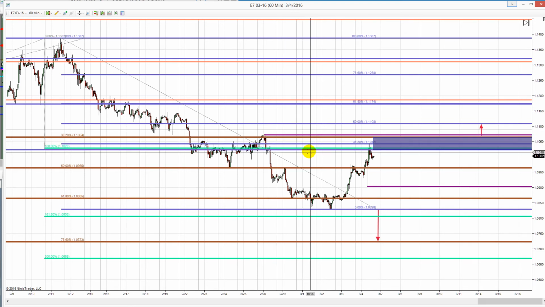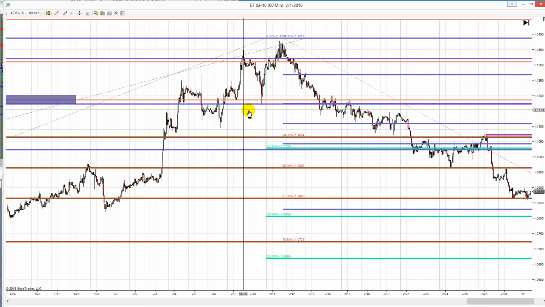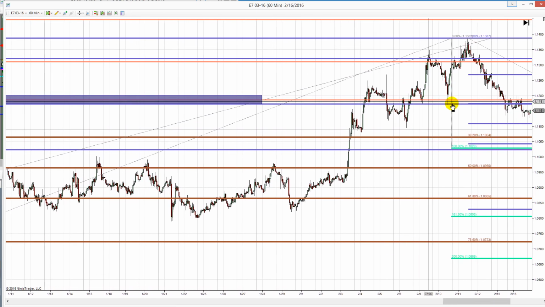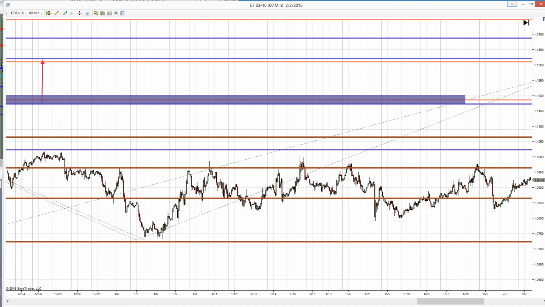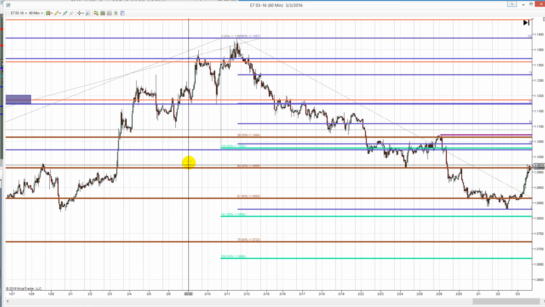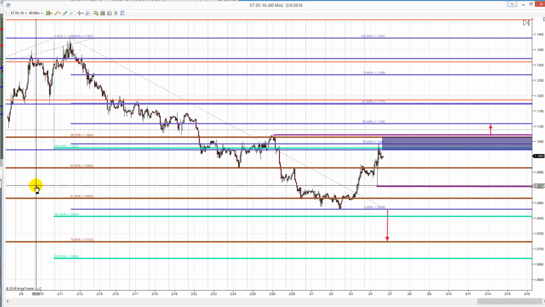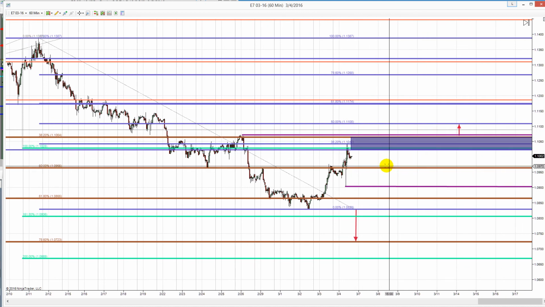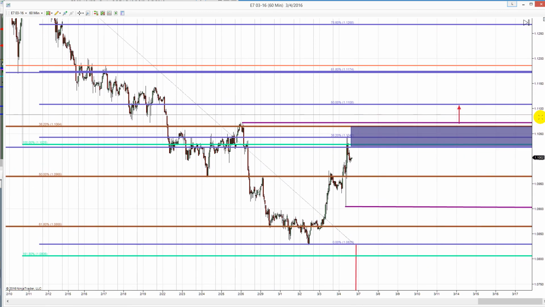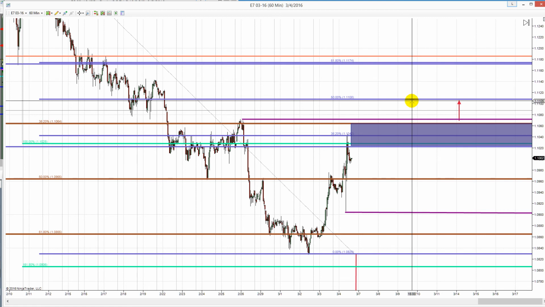Okay, so another one, a 100% projection came here from the previous drop. So we have a big cluster, 1, 2, 3, 4, 5 lines, and if we clear it, we're going to go at least to 50%.